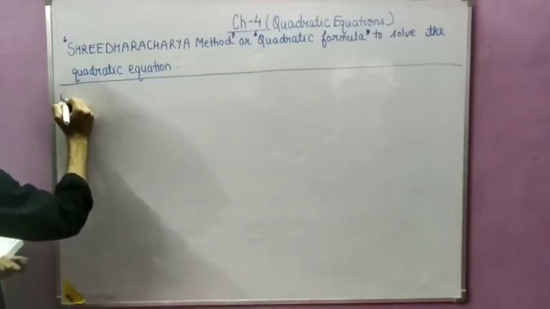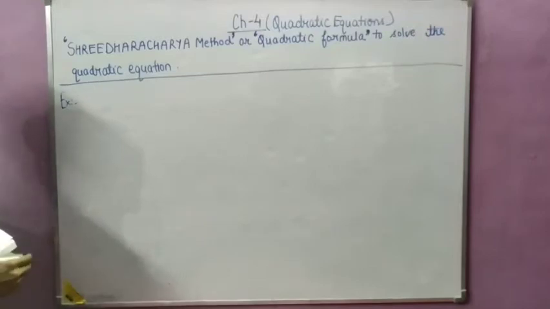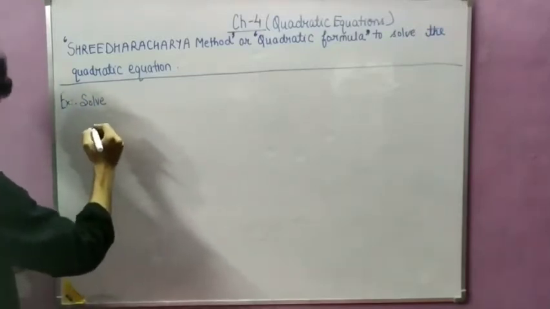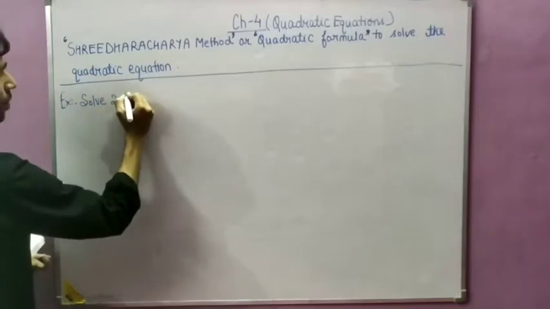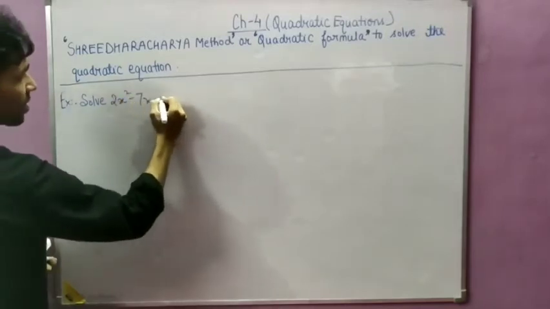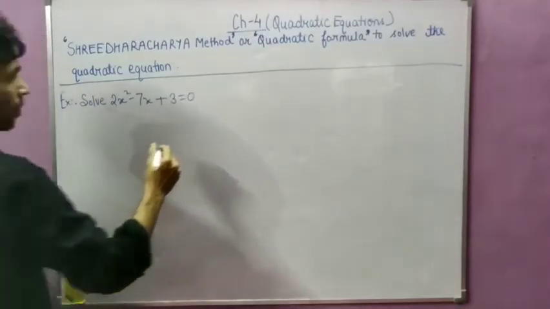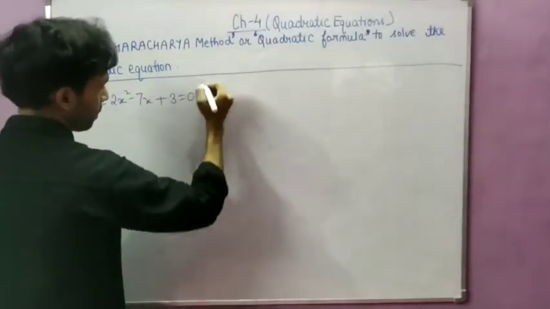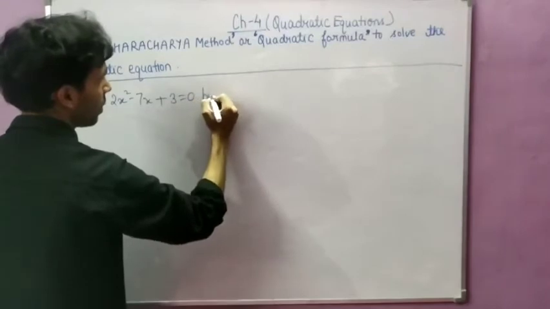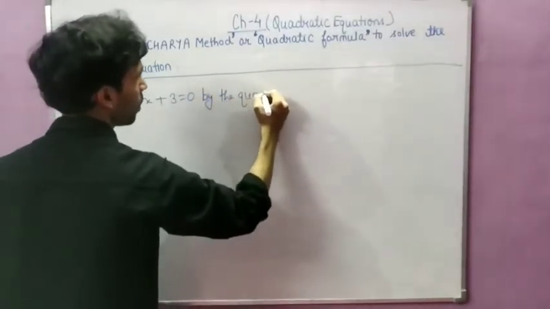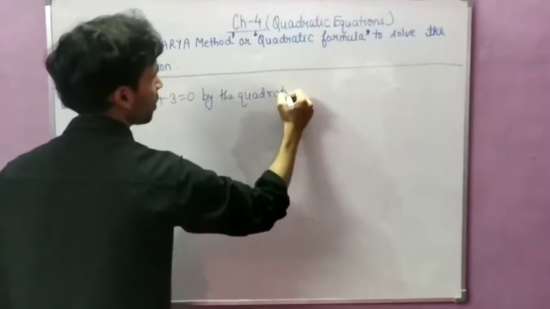So suppose I have written the example: solve 2x square minus 7x plus 3 equal to 0 by the quadratic formula.